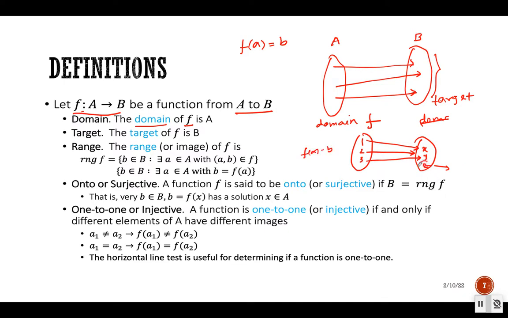I have such an element z in B for which I do not have any element in A that will map. So in that case the range is actually x and y.